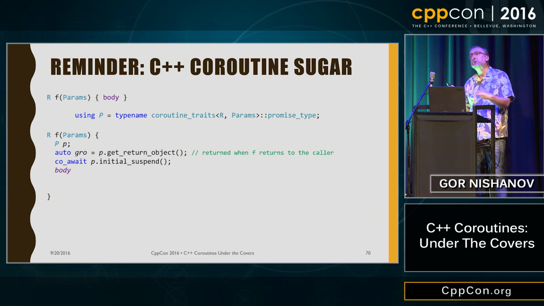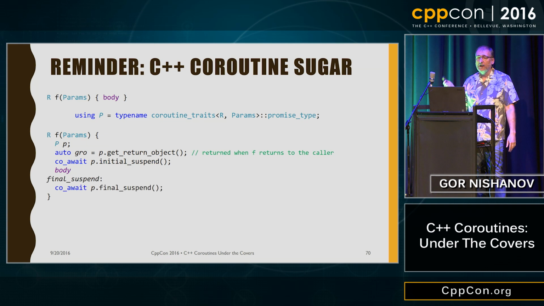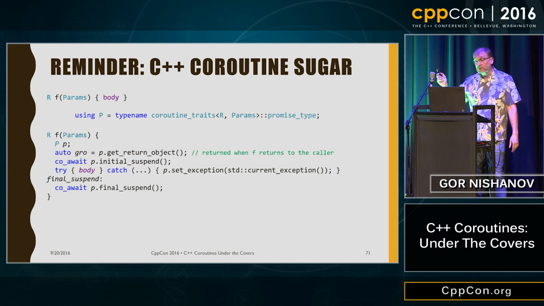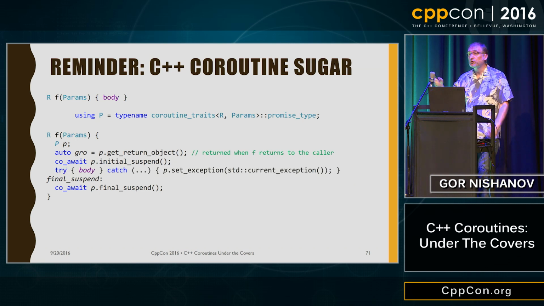We give a possibility to suspend just before we enter the body of the function, and we give a possibility to suspend before we reach the end. And also, if you want to catch exceptions, stop them, and then report them elsewhere, there is a possibility.